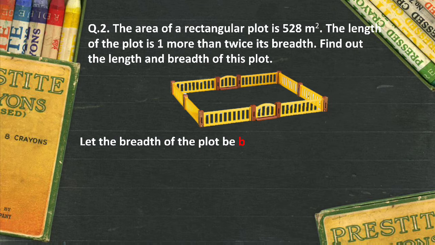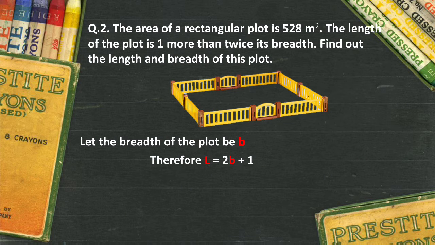That means whatever my value of b or breadth is, I'm multiplying 2 to it so that it becomes twice, and I'm not done. That won't be equal to the length. I'll have to add plus 1 to it. So the length will be 2b plus 1.